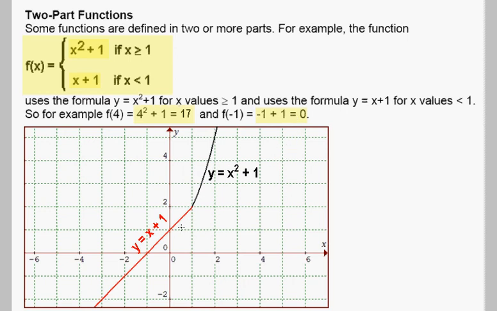The left part is a straight line, and you can see this point, x equal -1, y equals 0. It's right here. And we also see when x is 0, y is 1. So we have the straight line part on the left, and then the quadratic part starts at x equal 1. We haven't really graphed quadratics much here yet, but it's a graph that's a little bit different than the linear part.